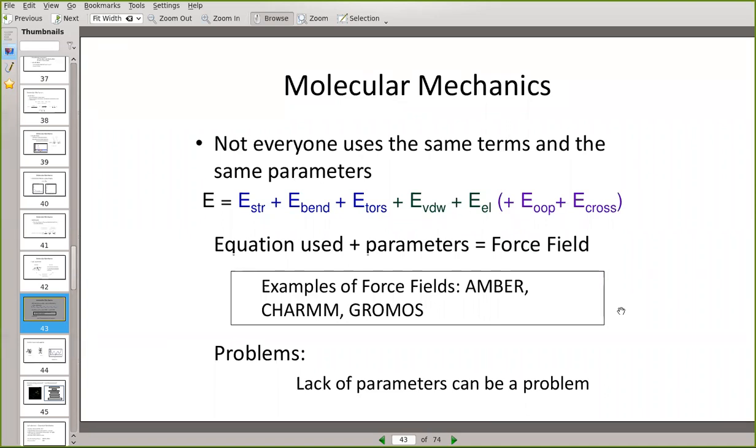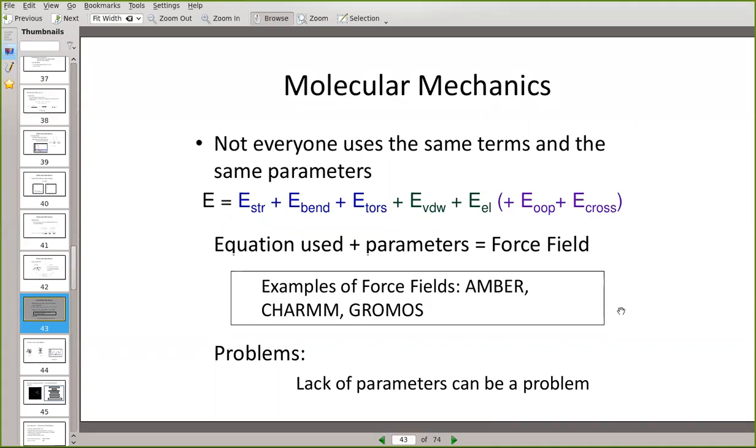But of course, there are problems with it. We may know what a carbon-carbon single bond length should be in terms of equilibrium bond distance. We may know what it should be in terms of the force and how the energy changes as you work it. But do we know about a copper-carbon interaction, etc.? So lack of parameters can be a problem.